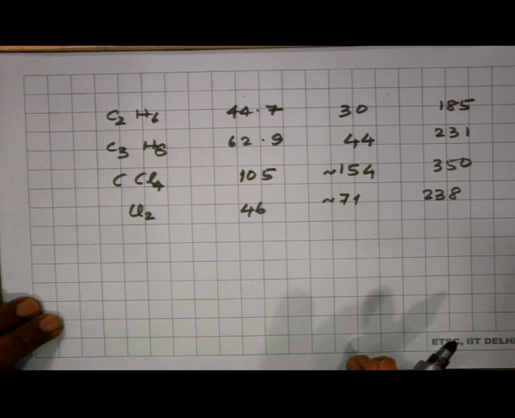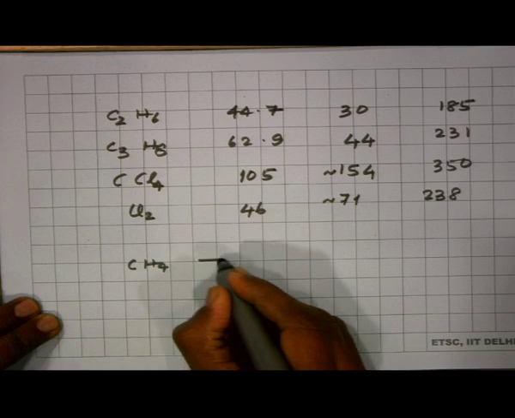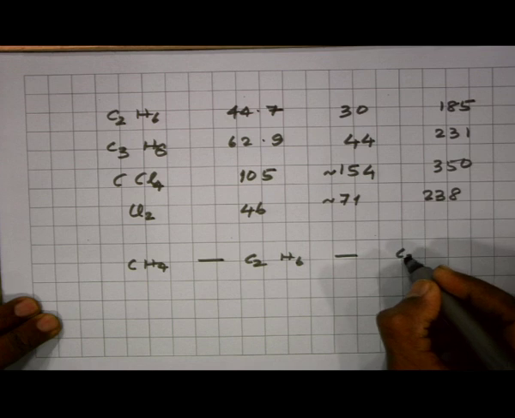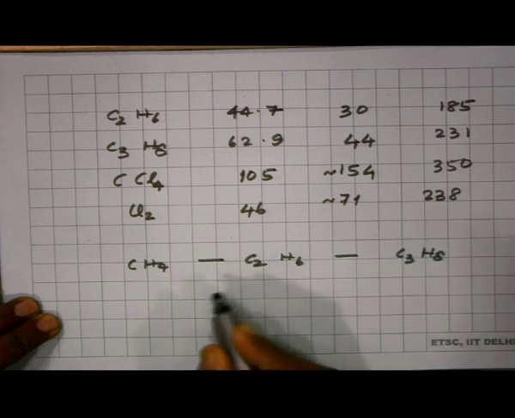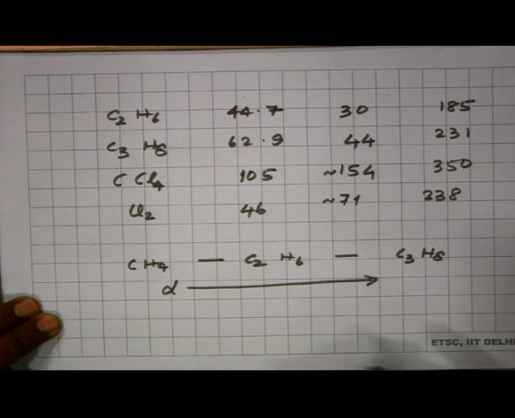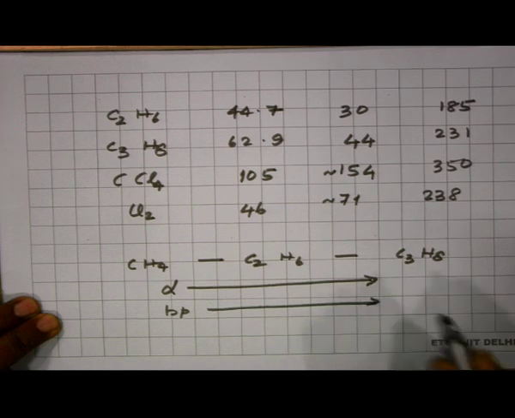So, what do we learn from this? If you looked at this again, when you go from CH4 to C2H6 to C3H8, alpha increases, that is polarizability increases, and we also find that boiling point increases.